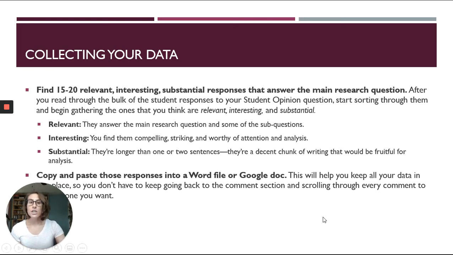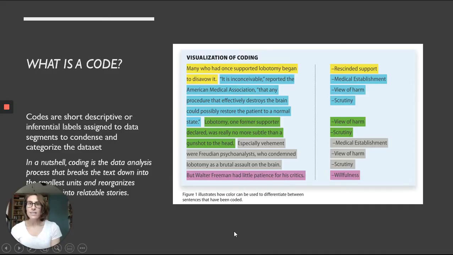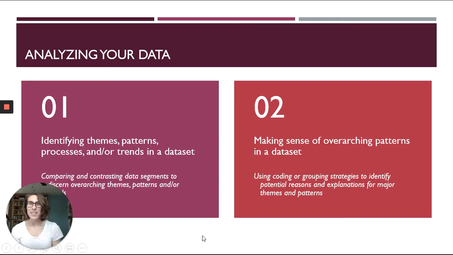After you've collected your responses and saved them to a Word file or a Google Doc, now you're ready to move to the next step, which is analyzing your data. When we analyze qualitative data, like the responses to the student opinion question that you picked, you're doing it with two main goals in mind.